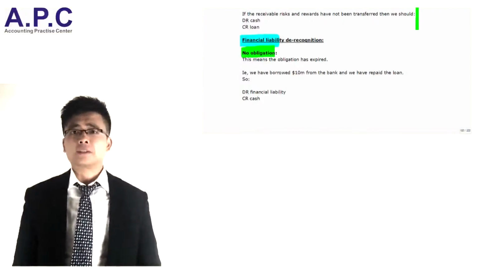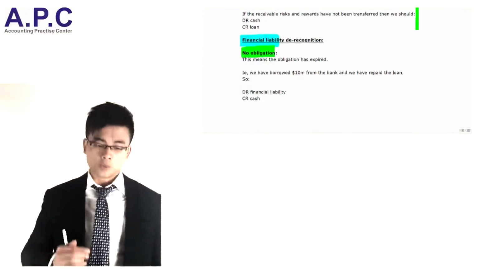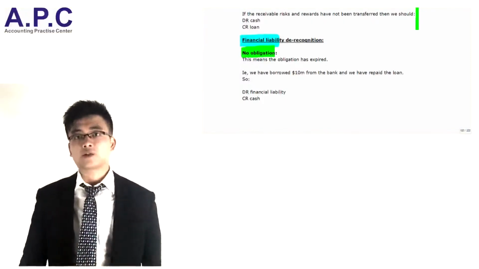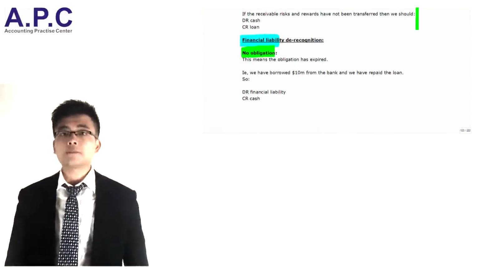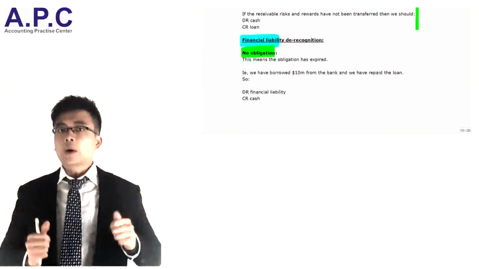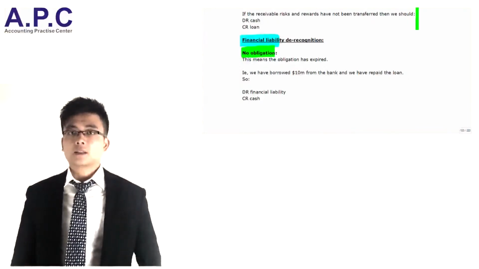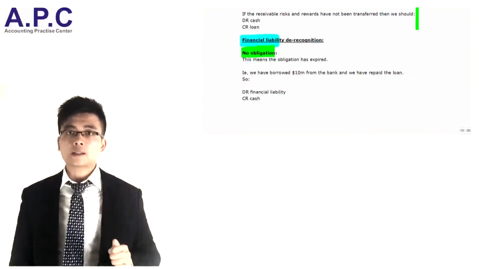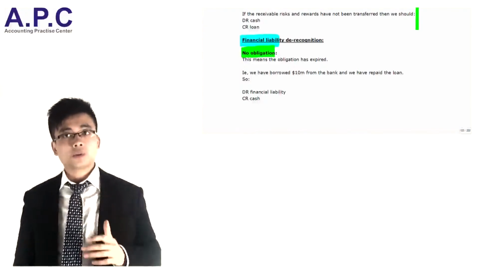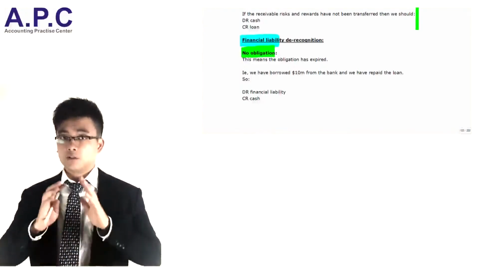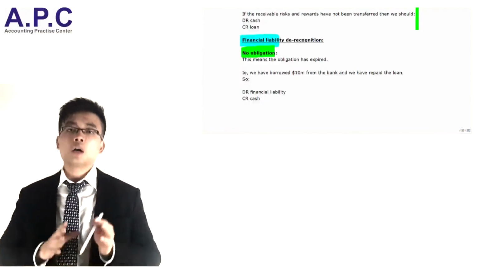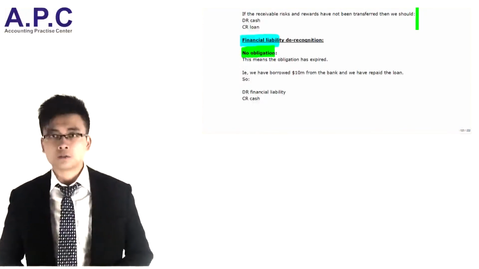Of course the answer is certainly no. That's the reason why we can derecognize the financial liability over here. So, in summary, for derecognition of the financial assets, there'll be no rights, there'll be no risks and rewards. But for the financial liability derecognition, if there's no obligation anymore, you can derecognize that from your FS.